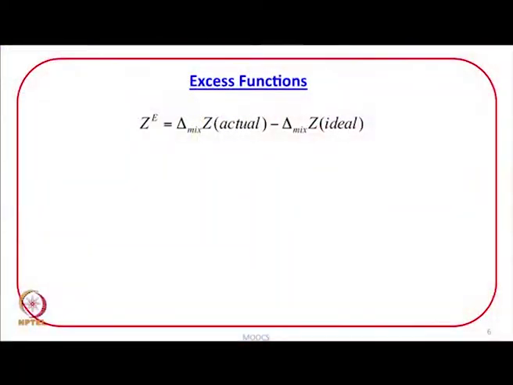So, consistent with the terminology, the definition of an excess function is, if Z is any property, excess Z is equal to delta Z mixing actual, actual means experimental, minus delta Z mixing ideal. Delta Z mixing actual will be experimentally determined and delta Z mixing ideal will be as predicted by the various equations that we developed today.